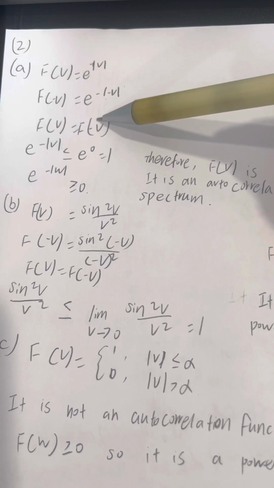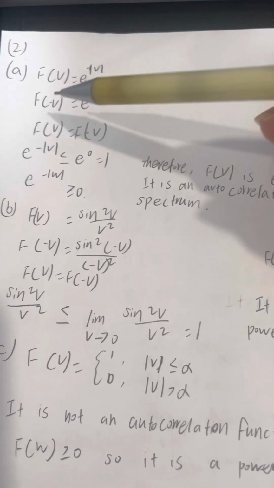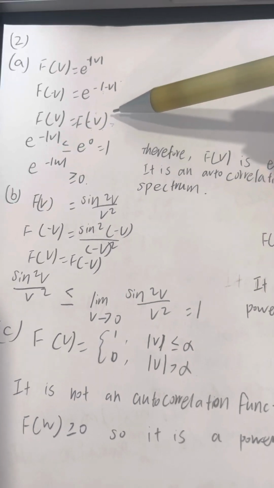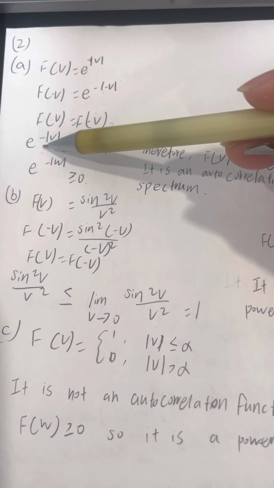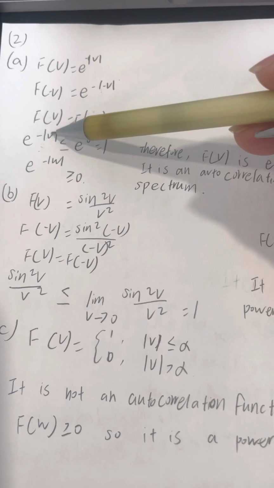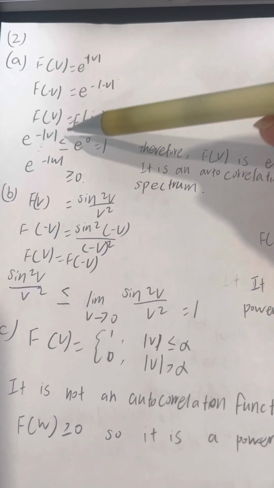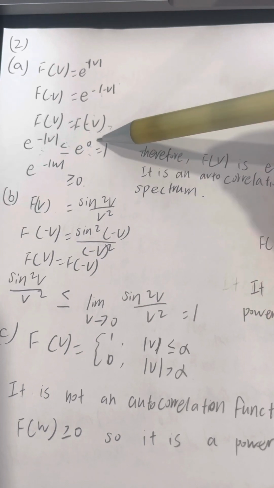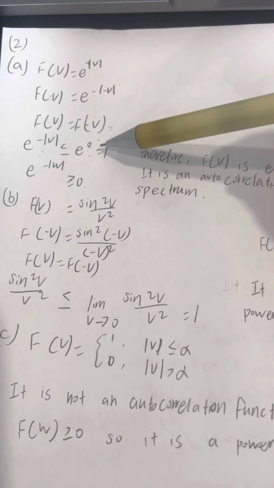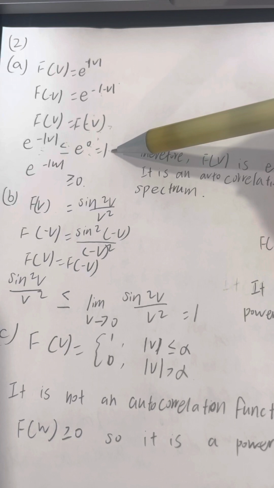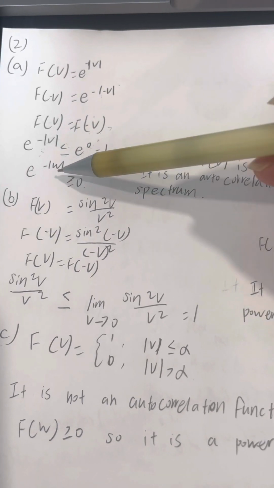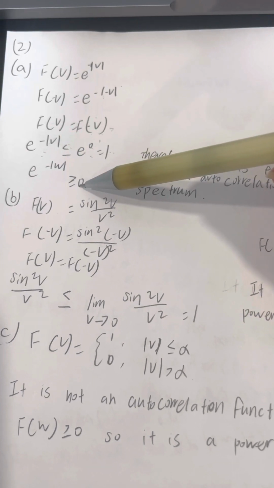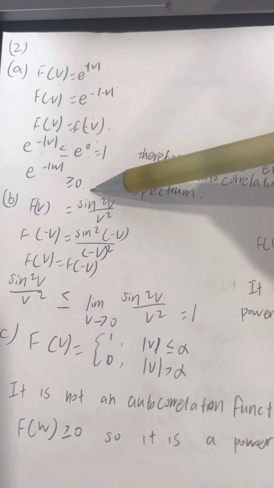And then we find f(v) is equal to f(-v), and because e to the negative absolute value of v is smaller than or equal to e to the 0 power, and e to the 0 power is equal to 1, e to the negative absolute value of w should be greater than or equal to 0.